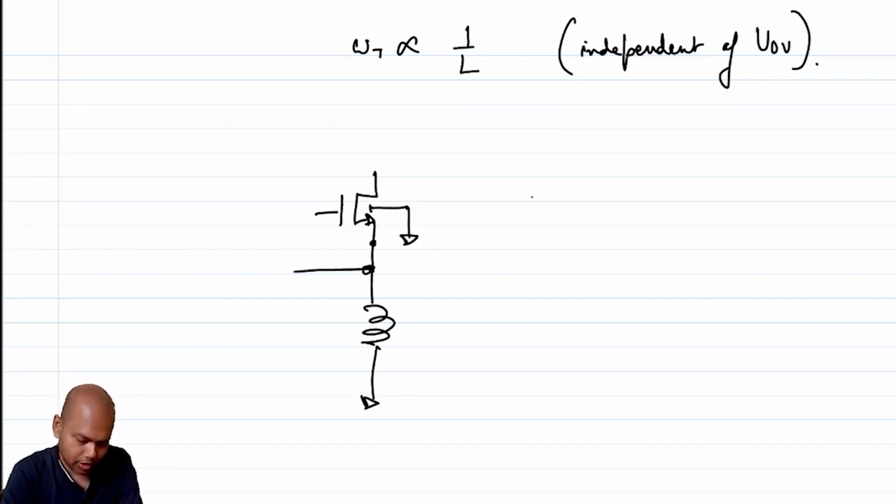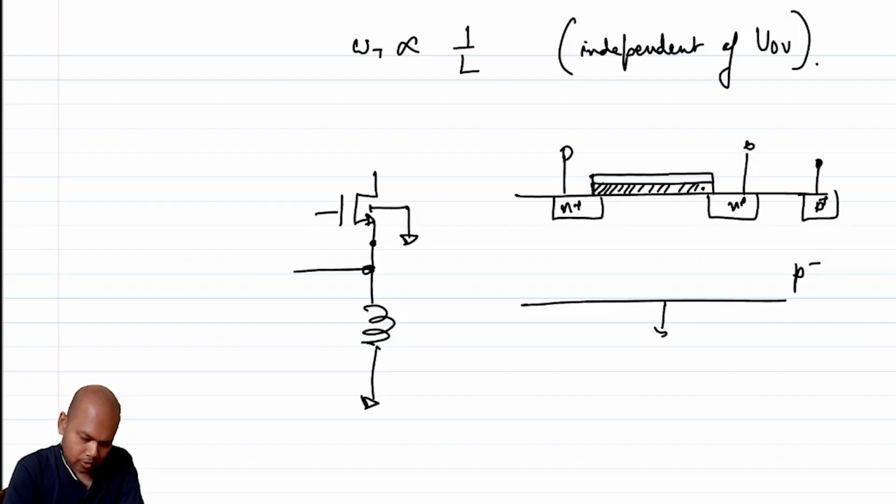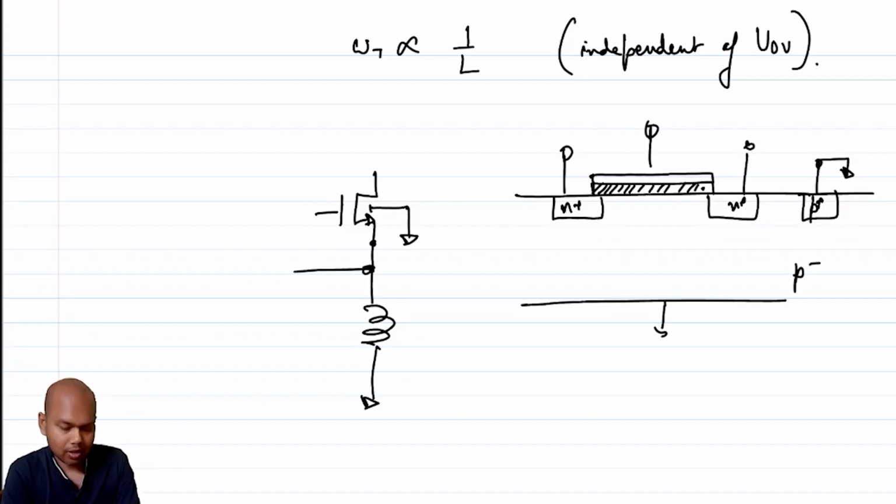So again, if I go to the cross section of the device, the P minus body is grounded. Okay. So what do we have here? The N and the P regions are essentially reverse biased PN junction diodes, right?